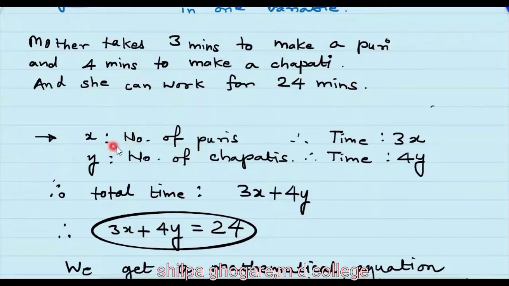Suppose number of puris is X. So how much time is required for X puris? 3X. Number of chapatis are Y. So the time required is 4Y. So the total time required is 3X plus 4Y. And it is given that she's working for 24 minutes. So you get an equation 3X plus 4Y is equal to 24.